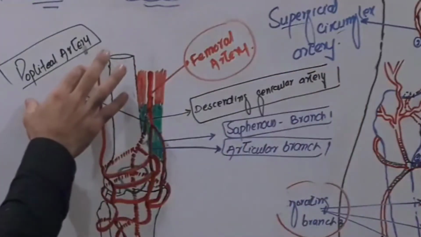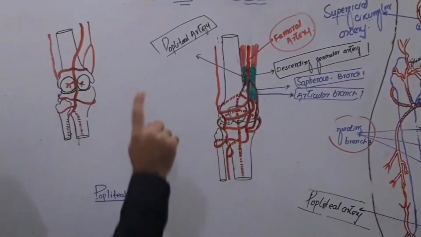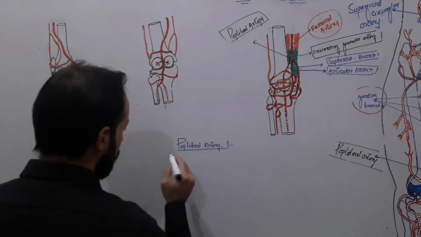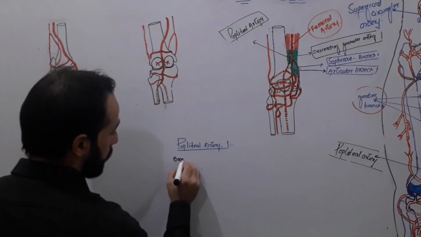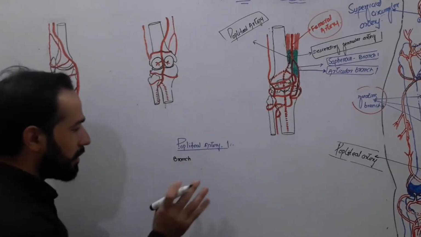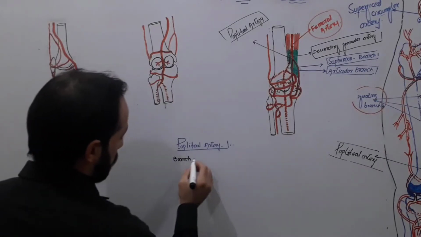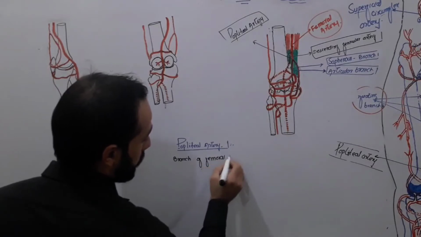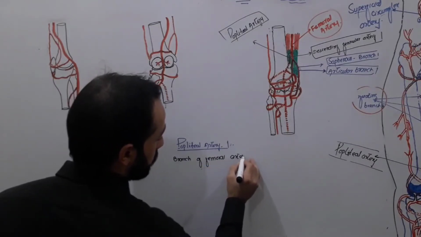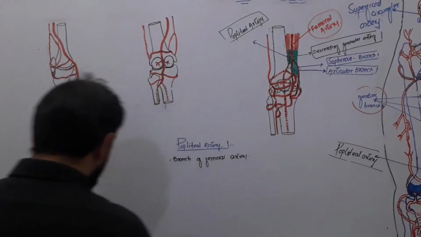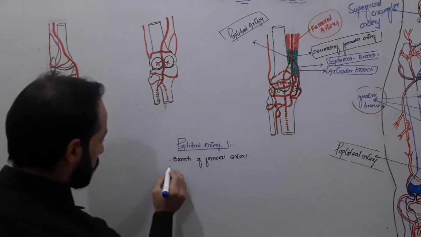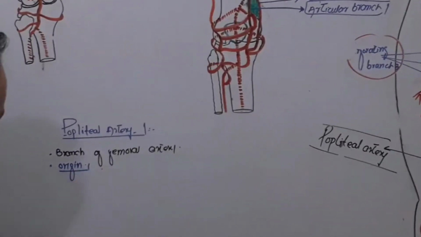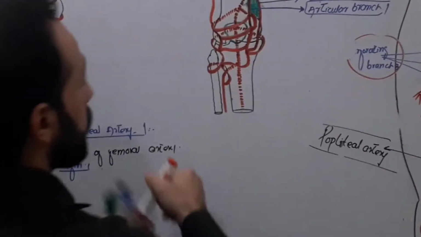Let us discuss the popliteal artery. What is the popliteal artery? First of all, friends, it is a branch of the femoral artery, right? The popliteal artery is the branch of the femoral artery. Very good. Where does this artery arise? What is the origin point for this artery?